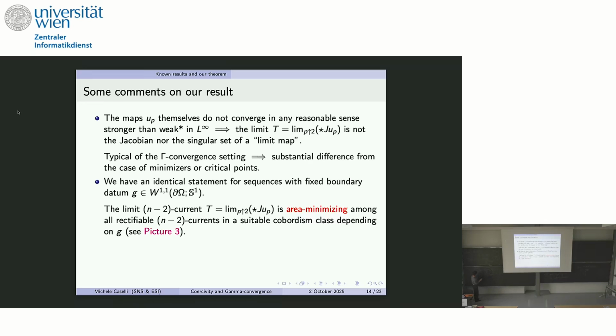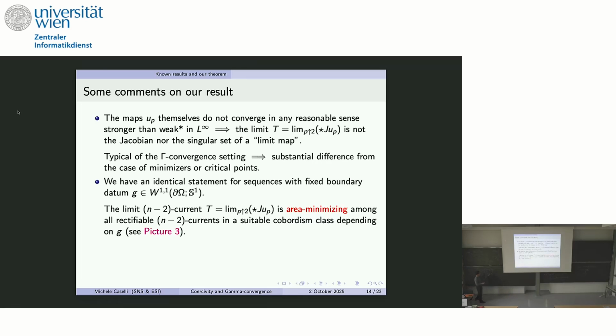now I will tell you two different boundary maps. Let me consider U1, which is a map from the torus to S1. So the map is a map from the interior to S1 that has as a singular set just this segment. Let me call this one.